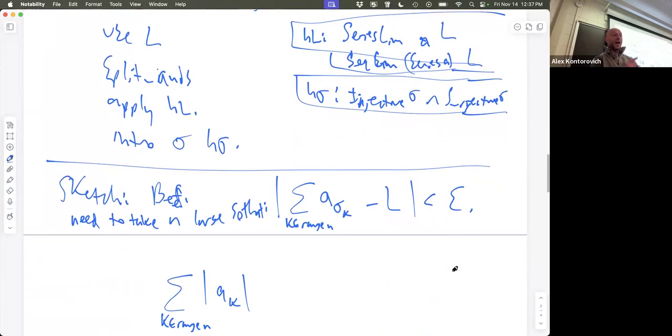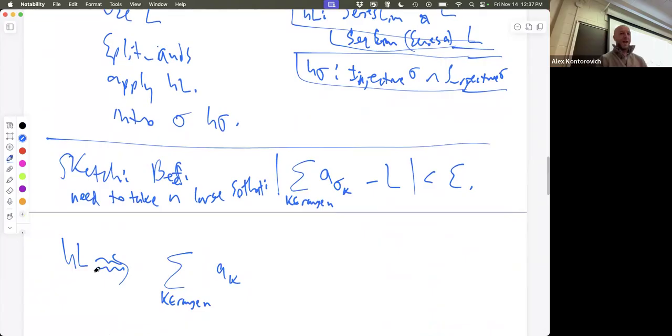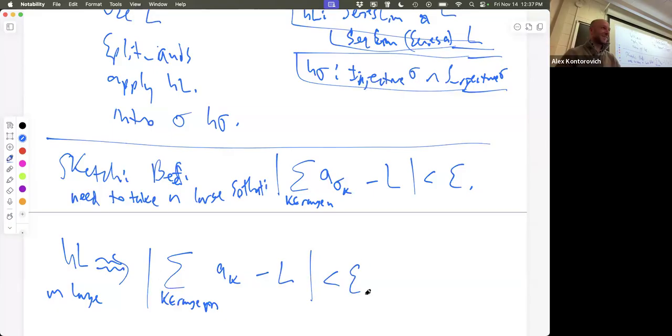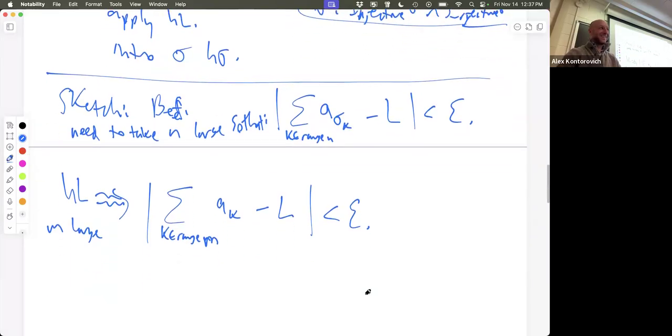Let's try HL. So what does HL tell us? Very good. HL will eventually imply, what's the beef of HL? If we take M large enough, then if we sum A K with K up to M, we can get it arbitrarily close to L. Yes, the idea I have here is that since sigma is a bijection, all the values in range M will appear somewhere.